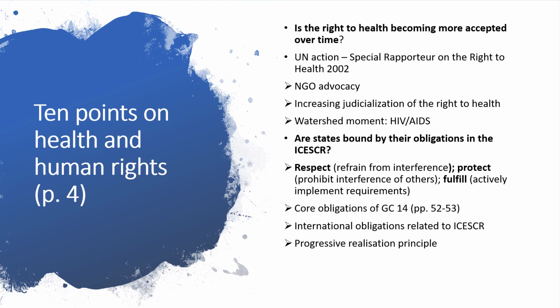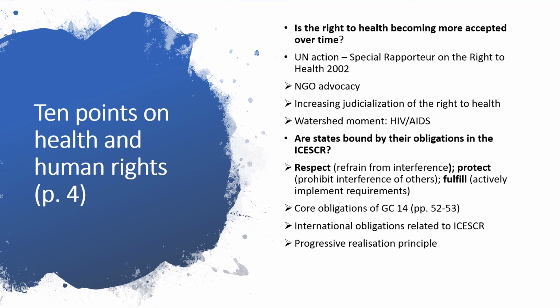But there is explicitly recognized in the covenant a progressive realization principle. This says that not every state will be able to fulfill the economic, social, and cultural rights enshrined in the covenant to the same degree at the same time. For some states, because of the lack of availability of resources, it will take longer to fulfill these rights.